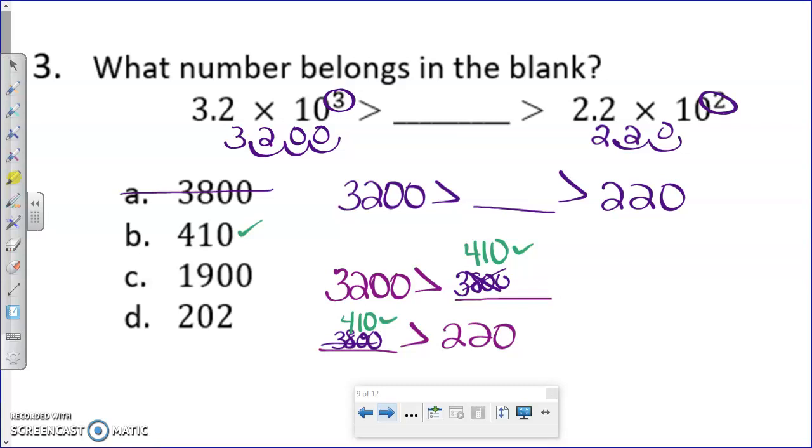So now I'm going to try the next one. 1,900. 3,200 is greater than 1,900, and then if I try it here, 1,900 is greater than 220. Both of them are true, so 1,900 is a winner. And now we're going to try the last one, 202. 3,200 is greater than 202, that works. And then if I put 202 down here, 202 is not greater than 220, so it does not work. So 202 is not an answer choice.